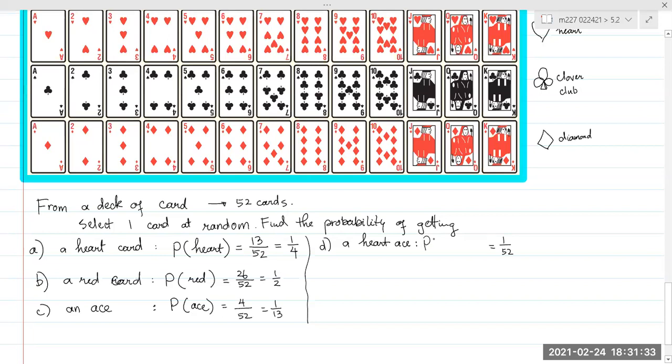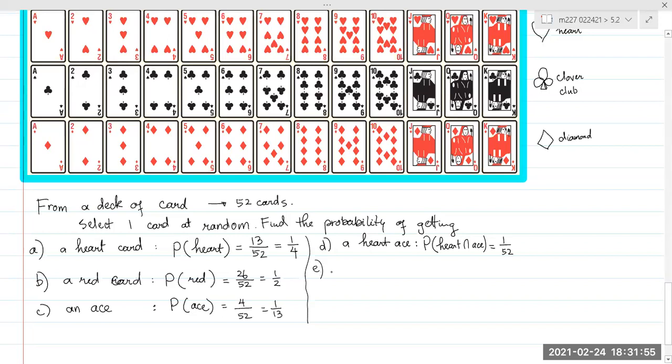P of heart intersection ace. It has to be heart and ace at the same time. When we say a heart ace, that's a heart and ace at the same time, right?